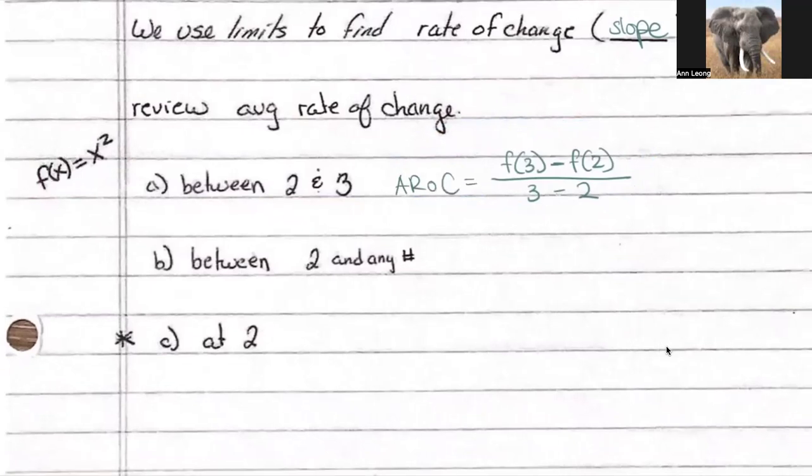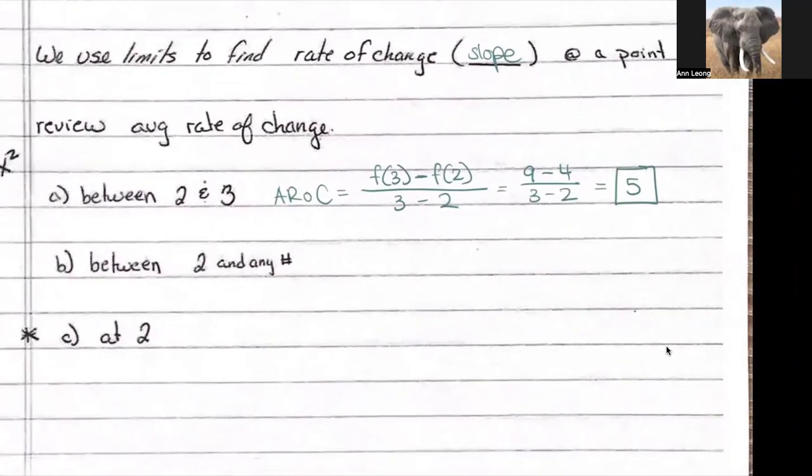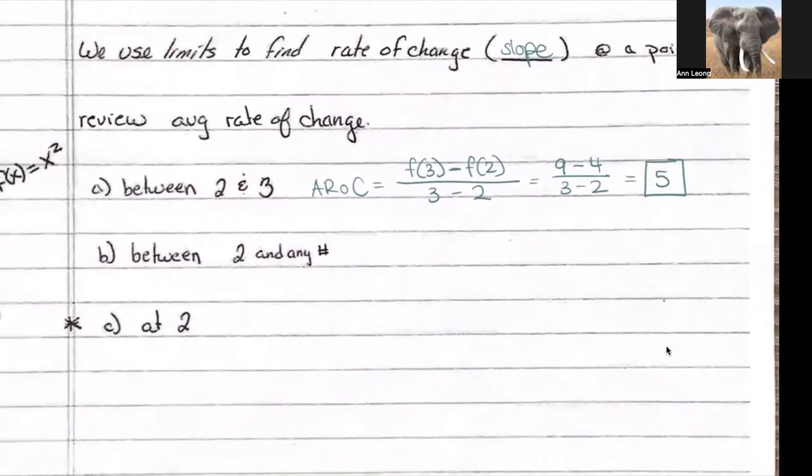Since f of x is just x squared, when I plug in 3, I get 9. Plug in 2, I get 4. And then when I simplify this, I get 5. So that's my average rate of change between 2 and 3. For b, between 2 and any number, I'm just going to say that's x. So my average rate of change is f of x minus f of 2 all over x minus 2.